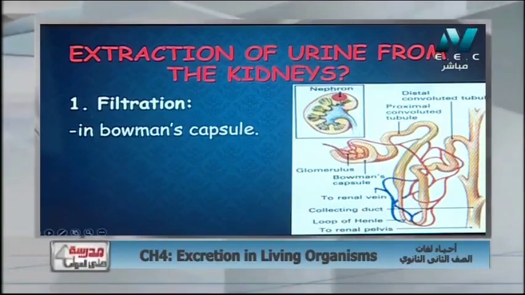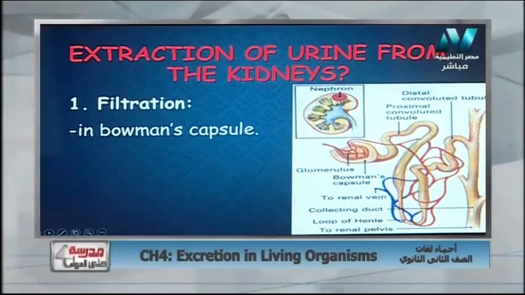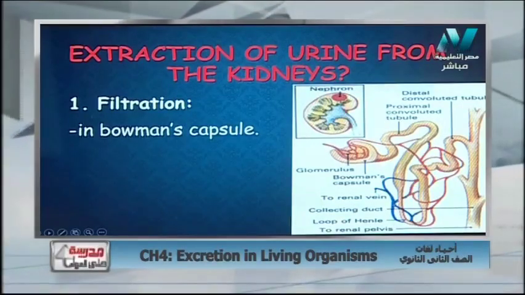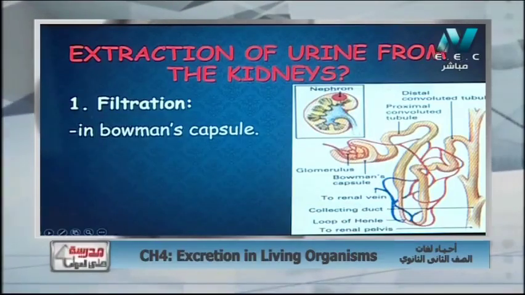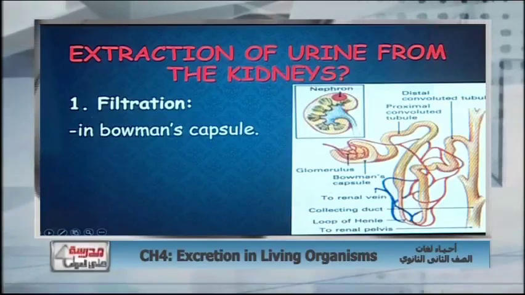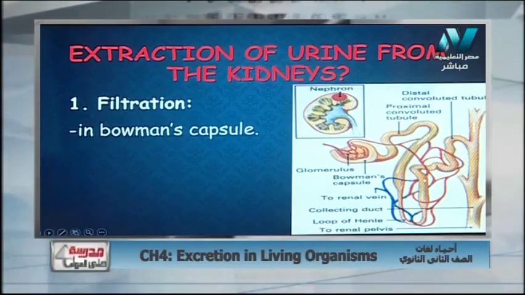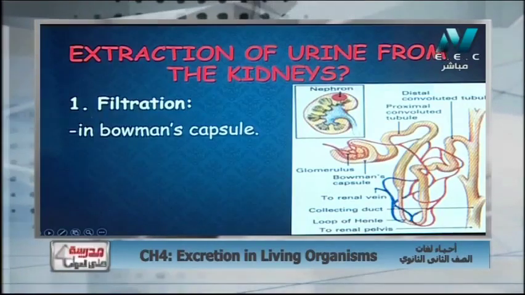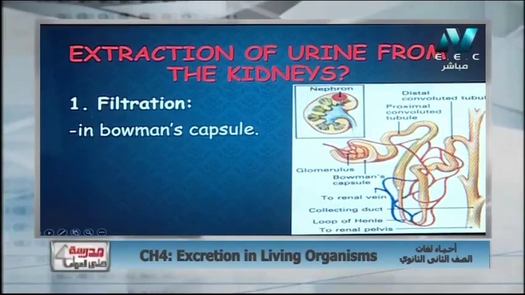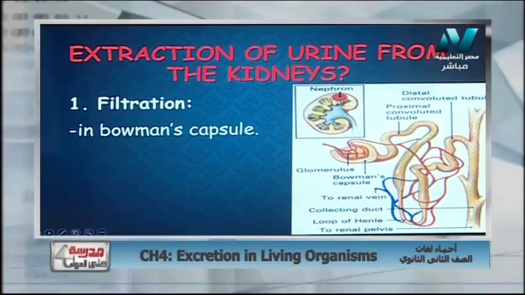After Bowman's capsule, we find tubes, and these tubes are divided into 3 regions. The first one is called the first coiled tube, and this part, which is U-shaped, is called loop of Henle. We give it the name of the one who discovered it, so it's the loop of Henle.